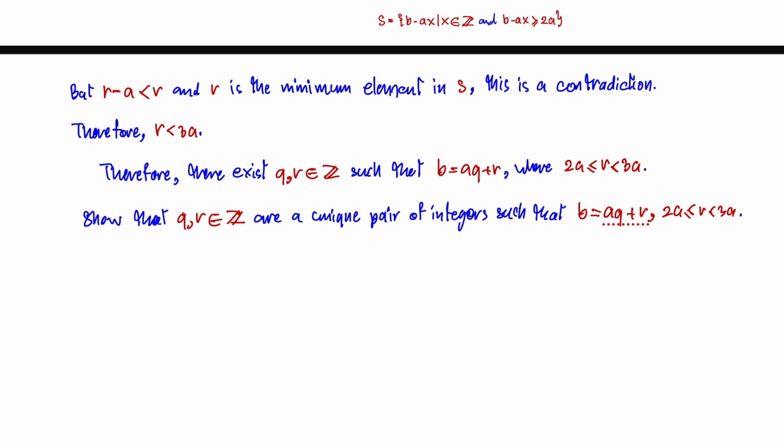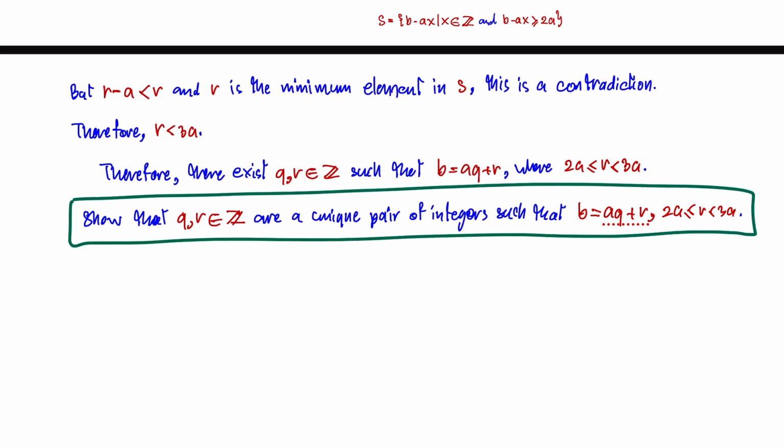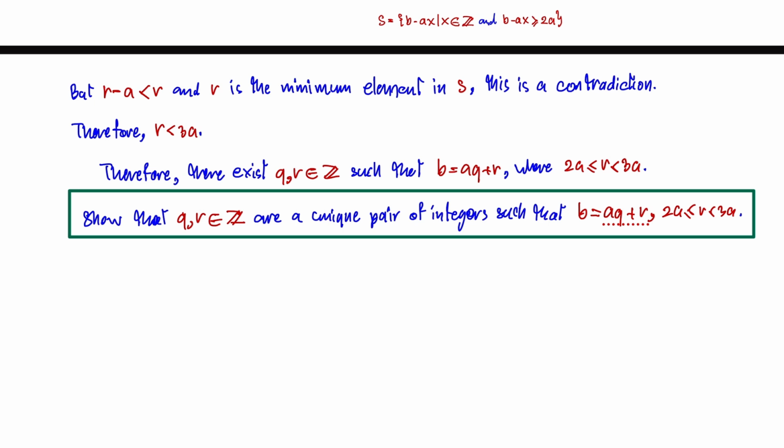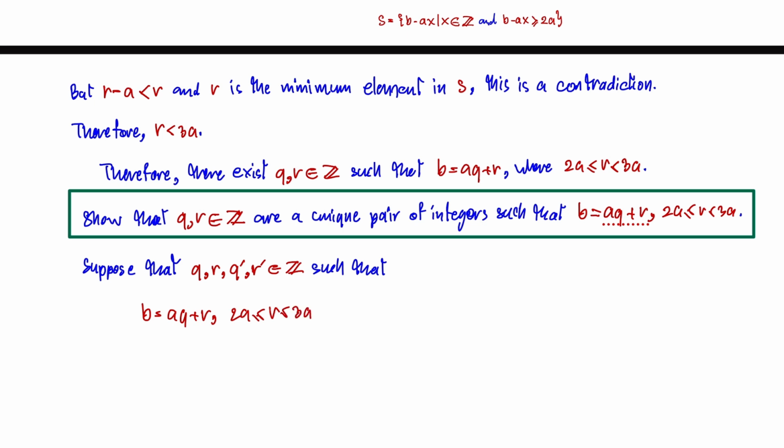Okay, so let's prove the uniqueness of Q and R. We have to suppose that there are two pairs, Q, R and Q prime, R prime, which are integers such that B equal to AQ plus R, where R is greater than or equal to 2A and less than 3A.